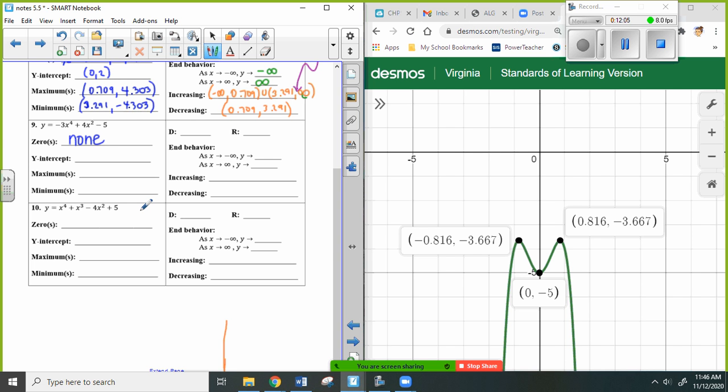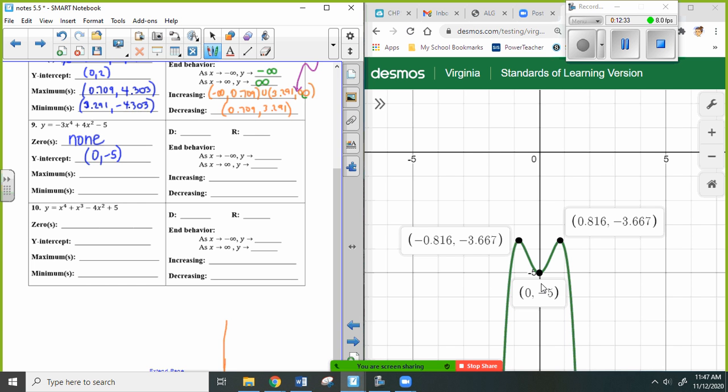All right, now there is a y-intercept, okay? Look at your y-axis. It crosses at 0, -5. All right, but let me get you guys to type something in the chat box. That 0, -5 is also a what? In terms of the other stuff I have to find.